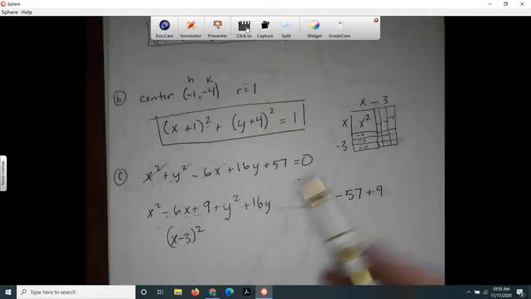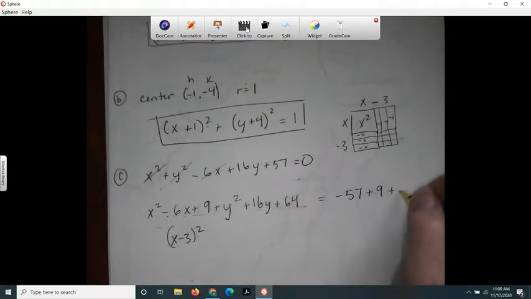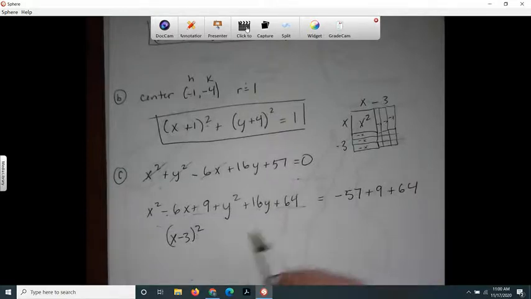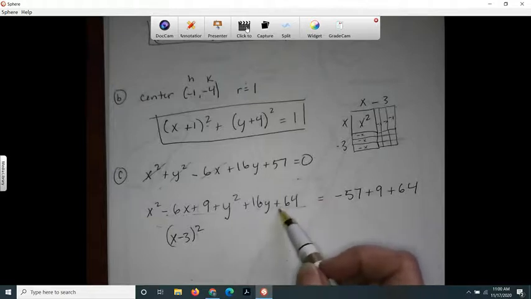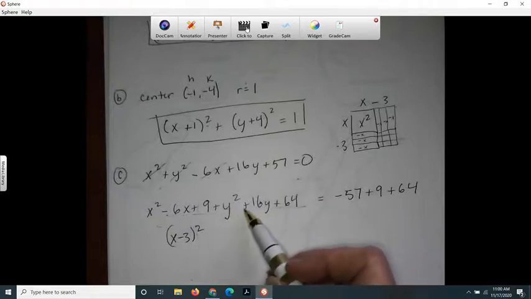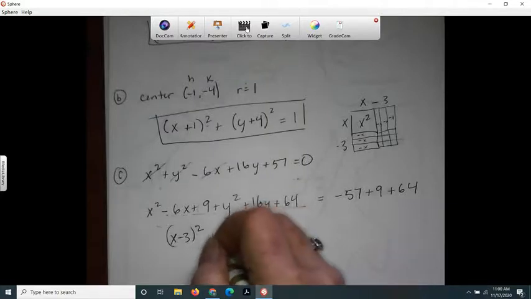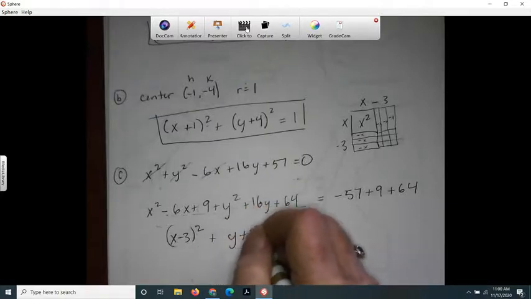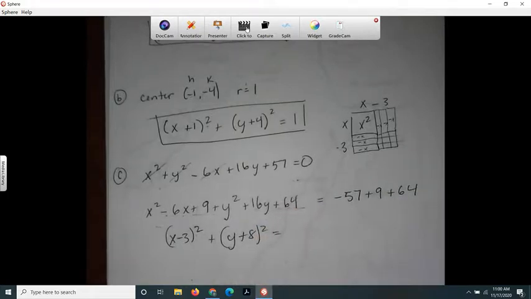I know I have to add it to both sides. I know that's going to complete my square. I don't have to draw the picture, and I know that I'm going to get y plus whatever half of 16 is, y plus 8. And then if I add all these together, you would think I could do it in my head, but I don't want to take a chance.